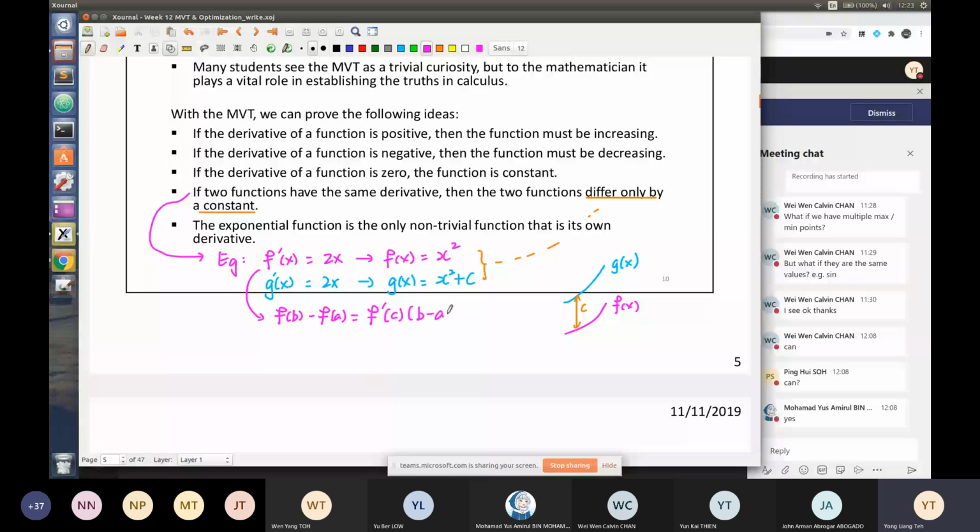Because f prime and g prime are exactly the same, g(b) minus g(a) is equivalent to g prime of c multiplied by b minus a. Talking about the same interval, this is a, this is b.